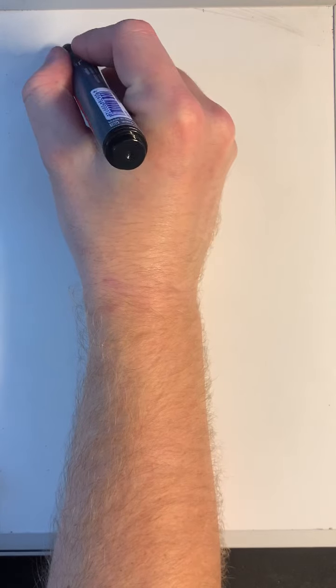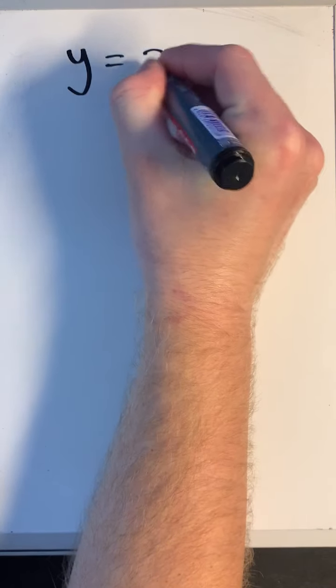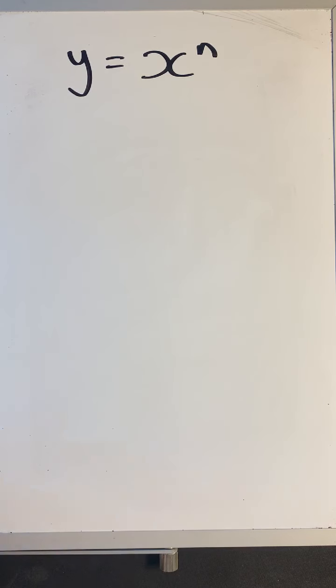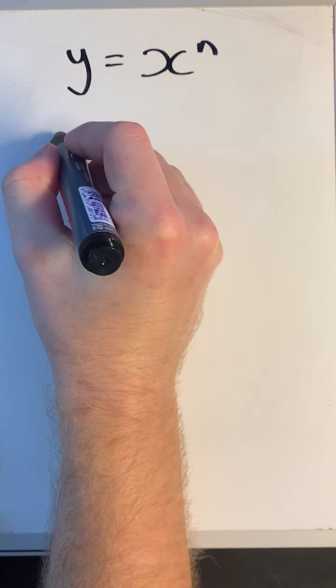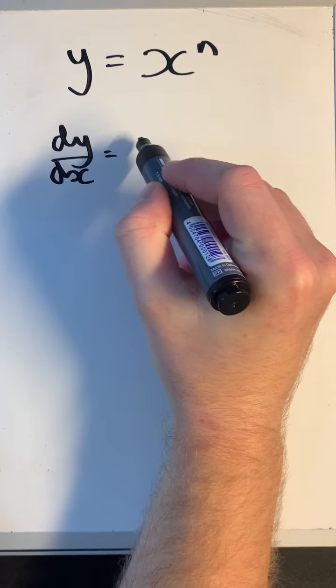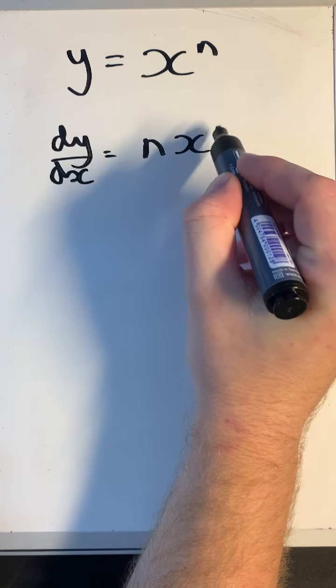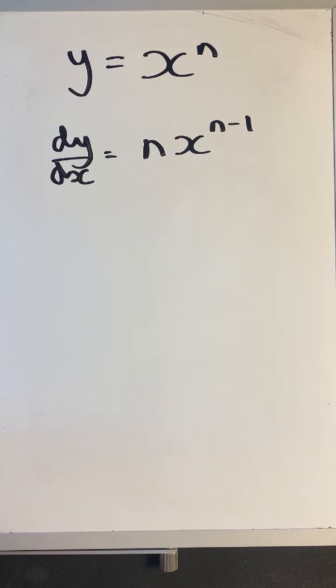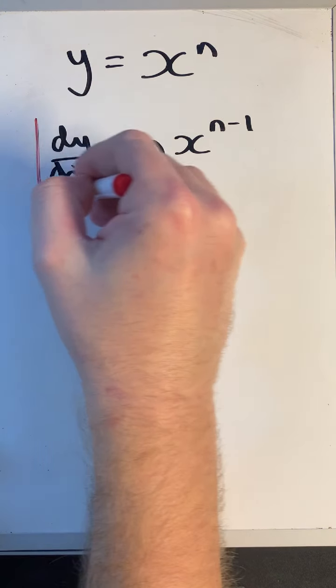So if we've got a function in this form, y equals x to the power n, where n is a number, dy/dx, the first derivative, is equal to nx to the n minus 1. Okay, nx to the n minus 1.